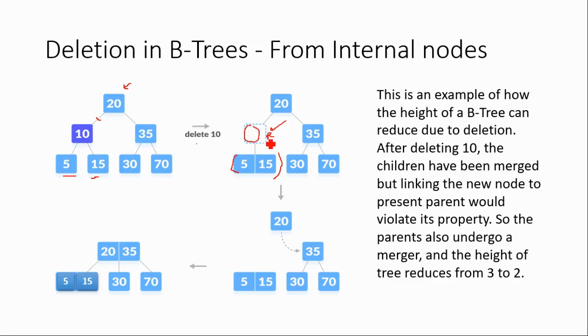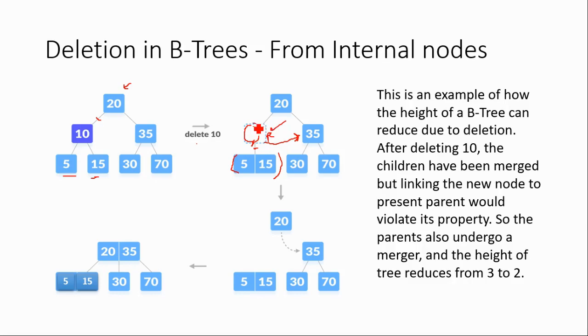If there is no element in the node, then how can we get a subtree of that? So an element has to come. Before that, this element first merges with 35. Oh sorry, the order is 3, so the minimum number of elements has to be 1.